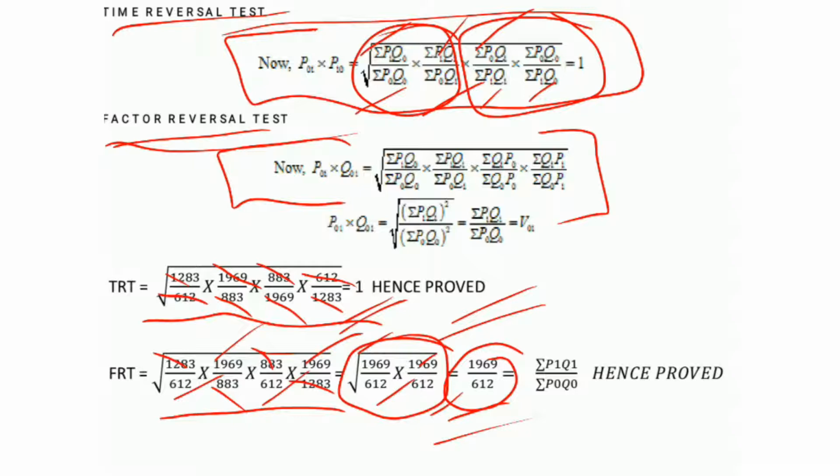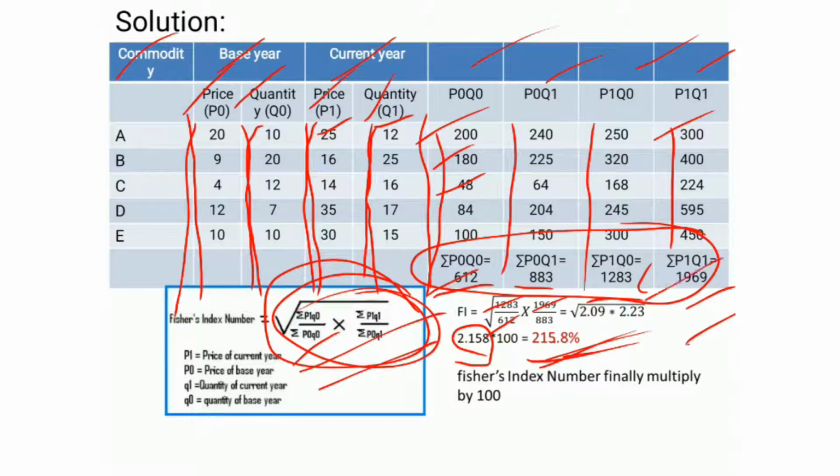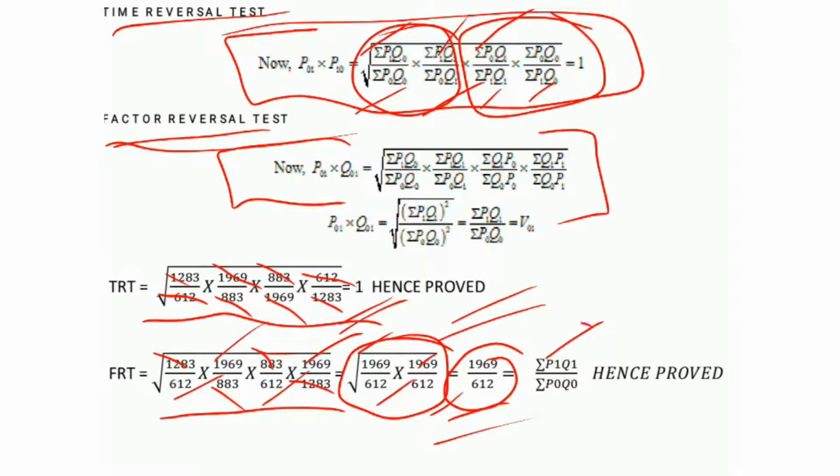Don't convert that into a decimal. If you check the question, 1969 is P1 Q1 and 612 is P0 Q0, hence it's been proved. That's all about Fisher's ideal index number. I hope you understood this concept.